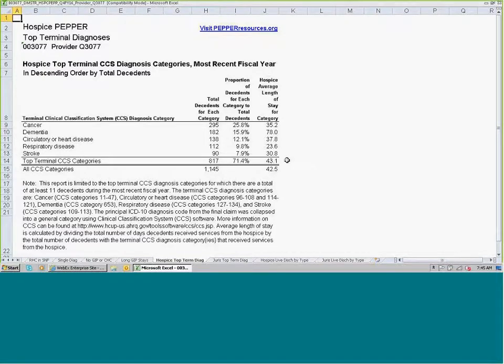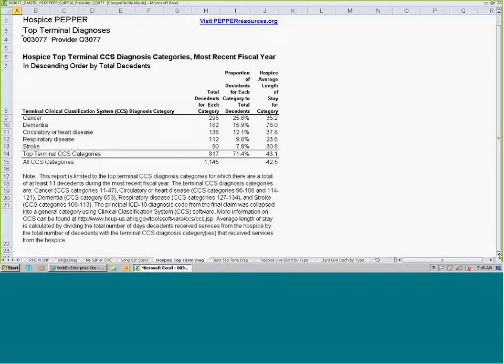Here we have overall the top terminal CCS categories and then all CCS categories. Below here is some information that reminds you how we've used the CCS to classify these categories, and that we use the CCS software to generate these statistics.